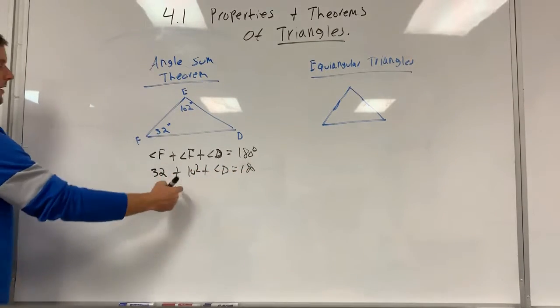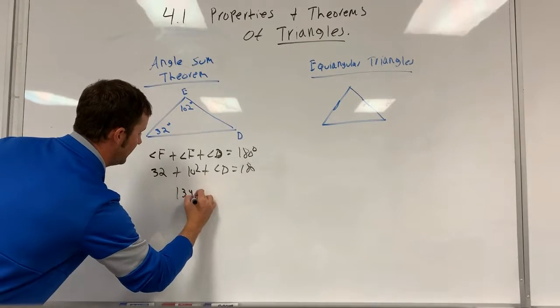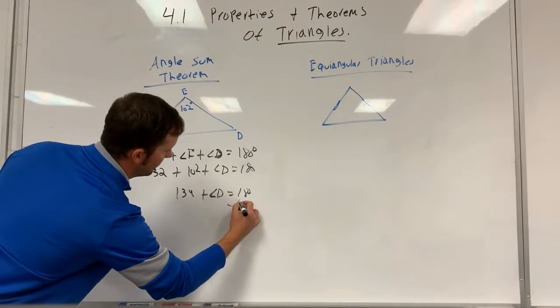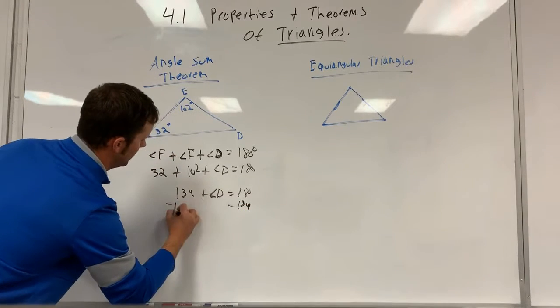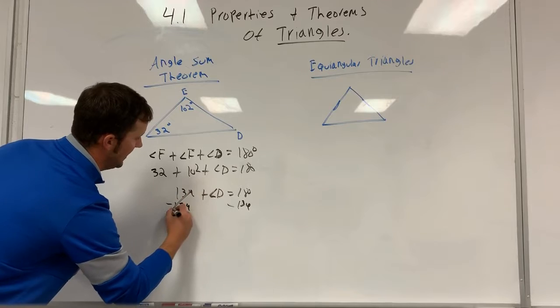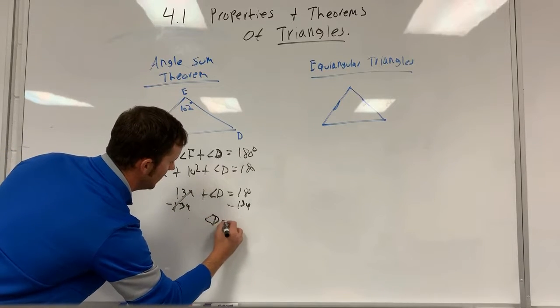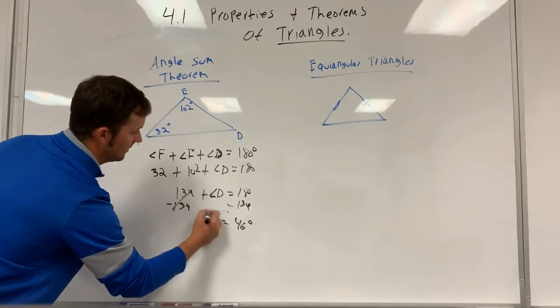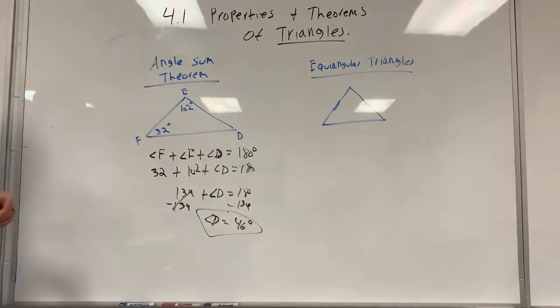So 32 and 102 is going to be 134. So now I'm going to subtract 134 from both sides. This is going to cancel. So angle D here, it looks like, is going to be 46 degrees. Okay, so that's going to be the angle sum theorem.